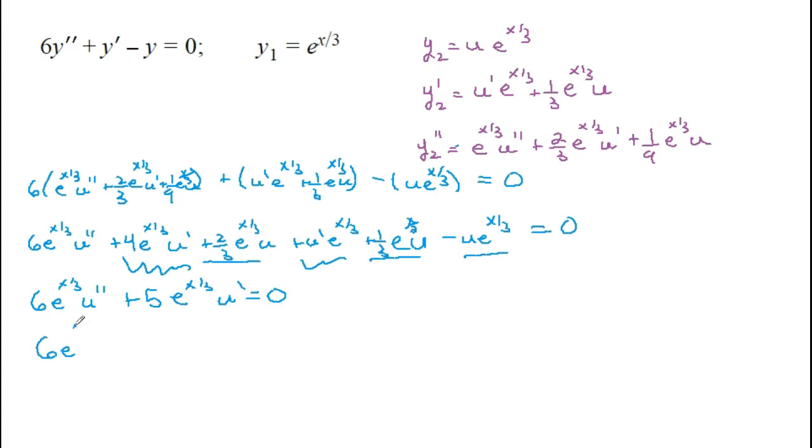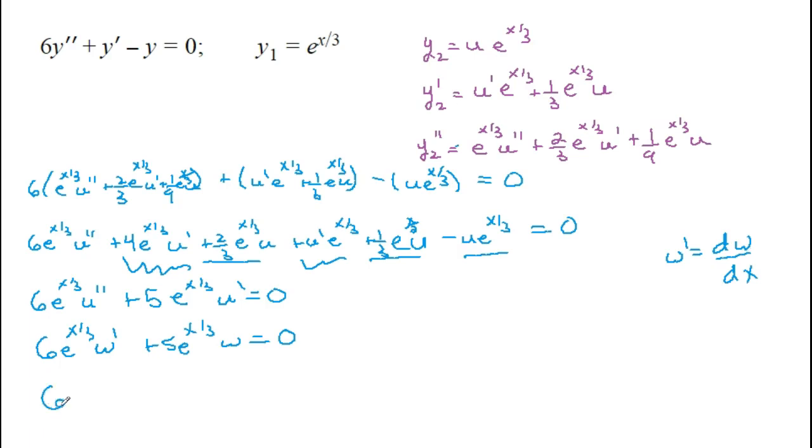I'm going to replace the u double prime with a w prime, and I'm going to replace the u prime with a plain old w to make it look more like a first order differential equation where w prime is considered to be the derivative of w with respect to x. This is definitely a first order separable differential equation.